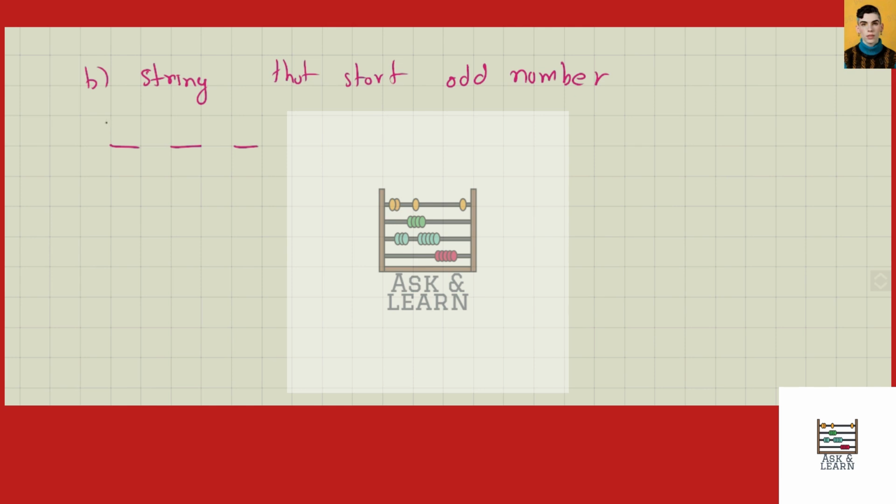So the first digit is going to be an odd number. So between 0 and 9, how many odd numbers do we have? Well, we have 5 odd numbers. Okay, so here we have 5 possibilities, and for the rest we have the usual 10 possibilities for each. So the result is going to be 500.